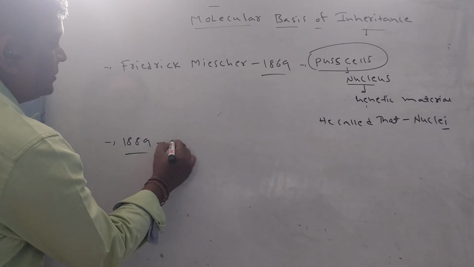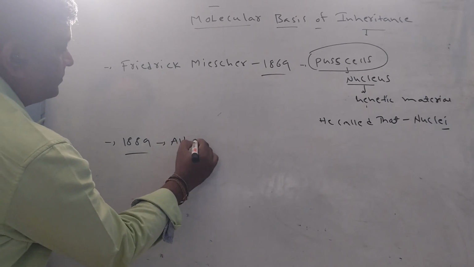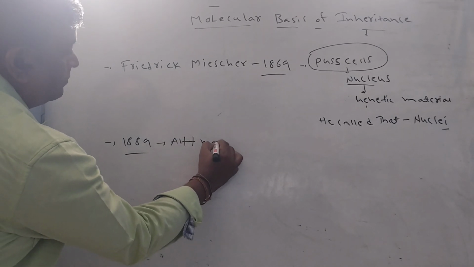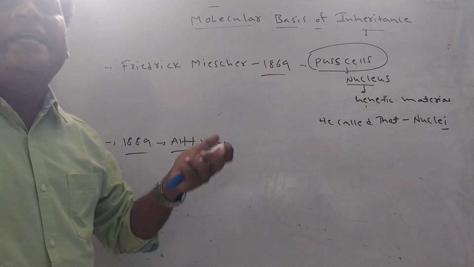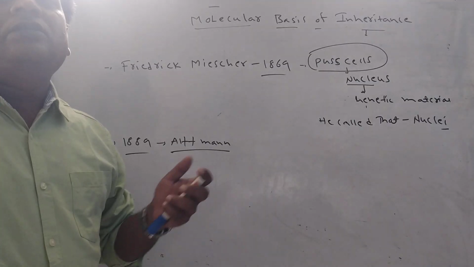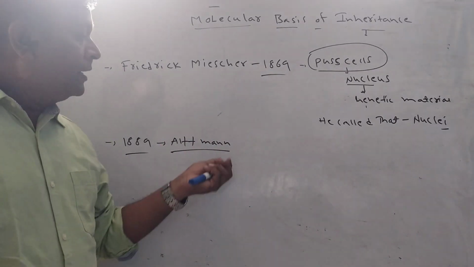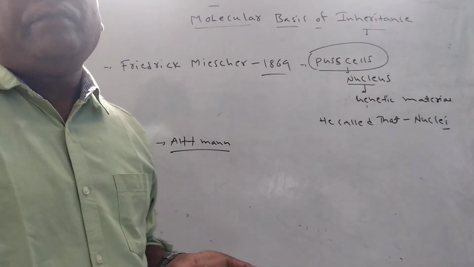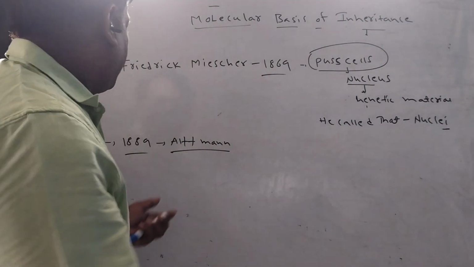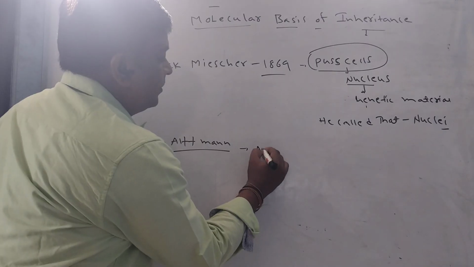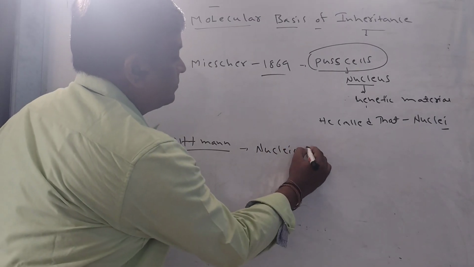After that, in 1889, the scientist Altman gave the name nucleic acid. Why? Because it has acidic property. Because of its acidic property, he called it nucleic acid.